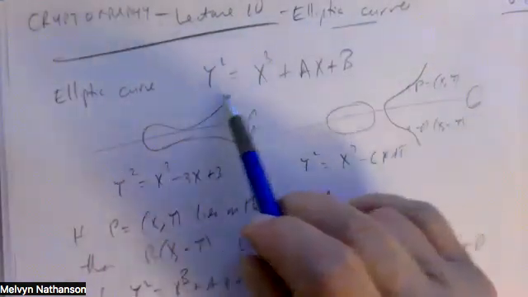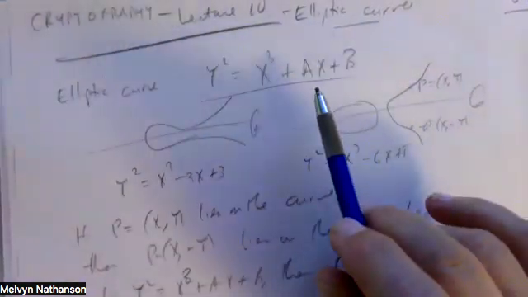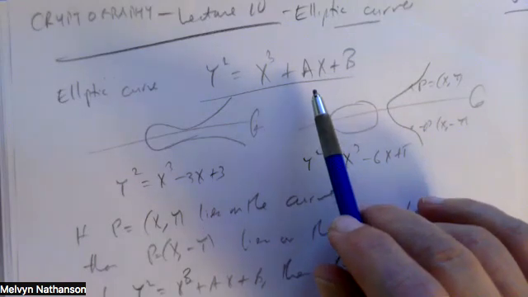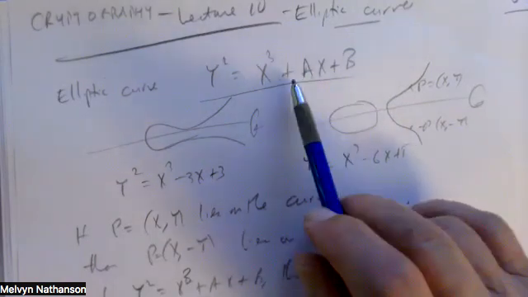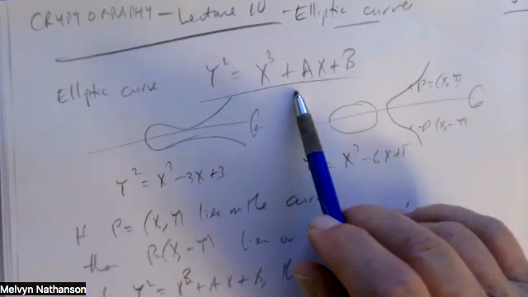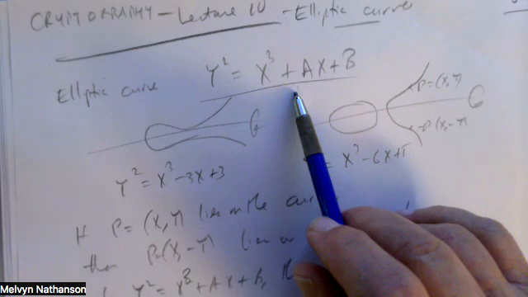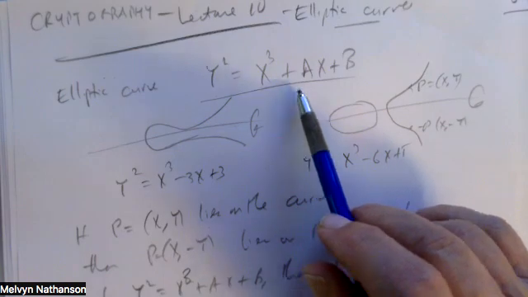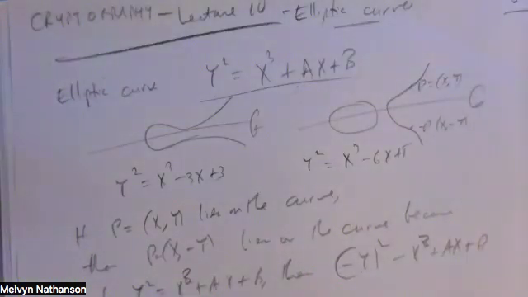And we impose one other condition on an elliptic curve, which is really the condition that says that this cubic doesn't have multiple roots. We don't have to worry about that in this course, but the condition is that the discriminant, which is 4a cubed plus 27b squared, is different from 0.